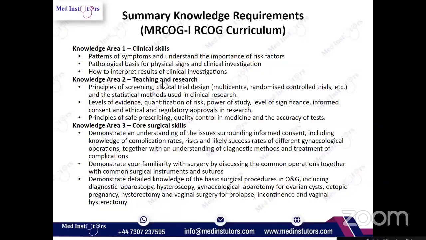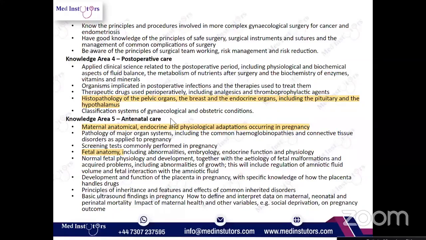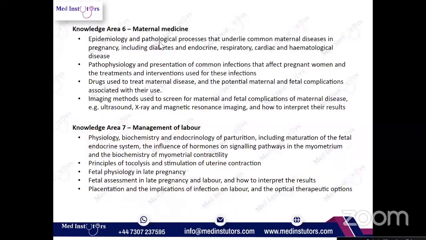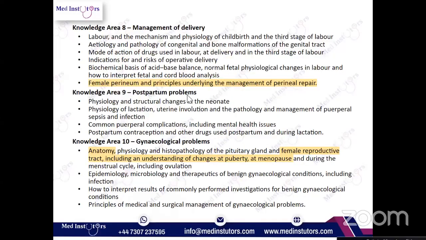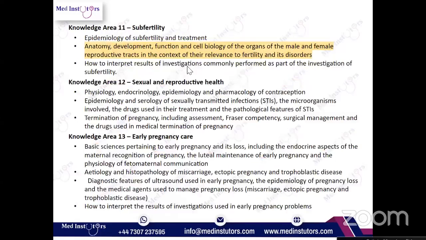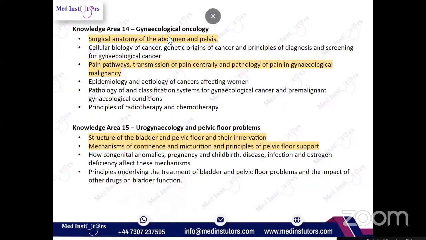Then you have teaching and research, core surgical skills, post-op care, antenatal care, maternal medicine, management of labor, management of delivery, postpartum problems, gynecological problems, subfertility, which mainly covers endocrinology, sexual and reproductive health, early pregnancy care, gynecological oncology, and then urogynecology and pelvic floor problems. These are the knowledge areas under which your different basic subjects fall.